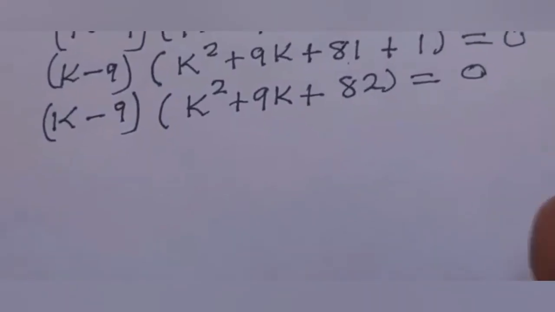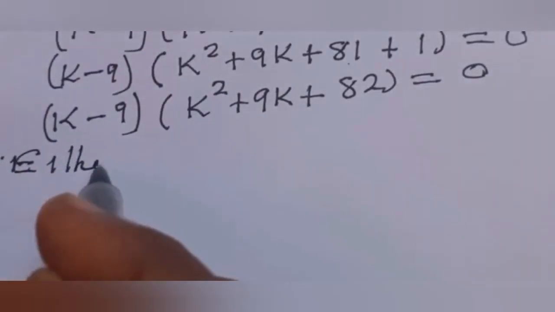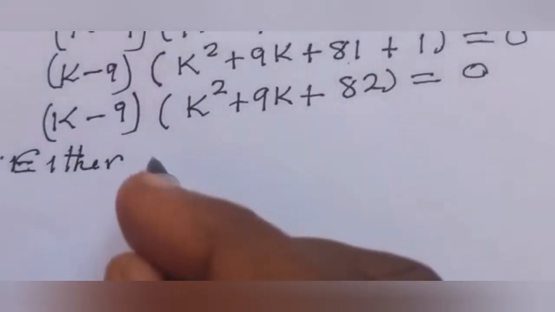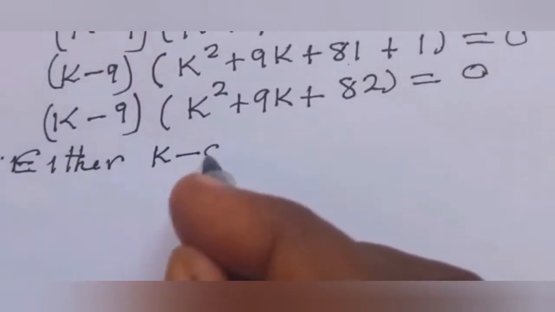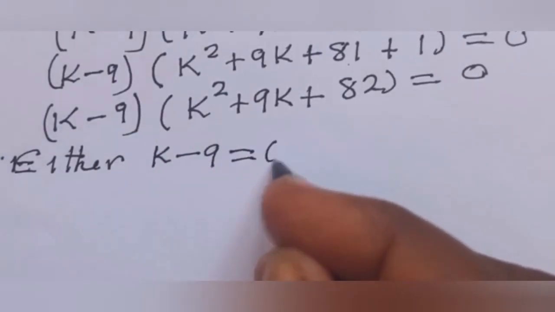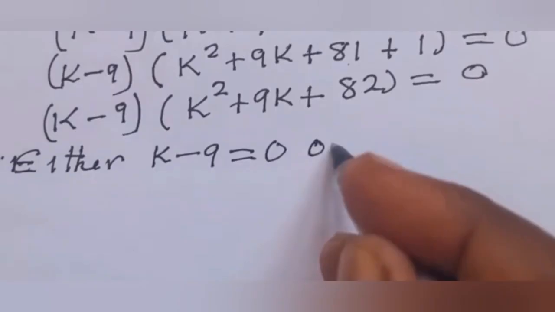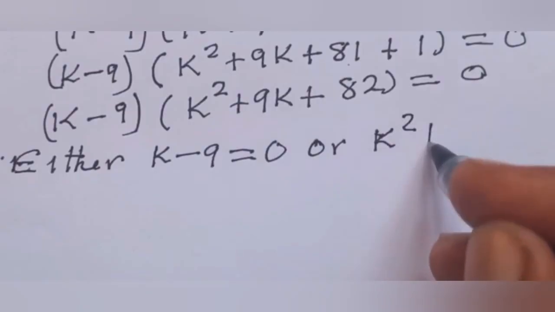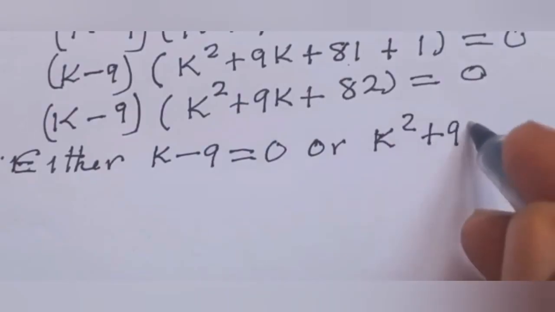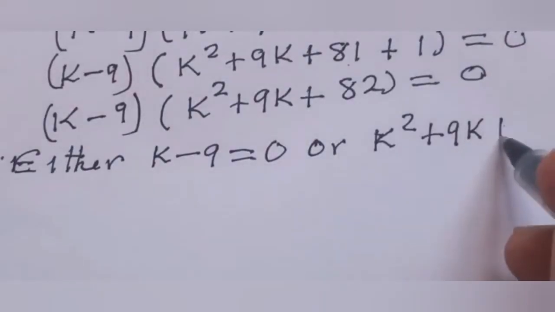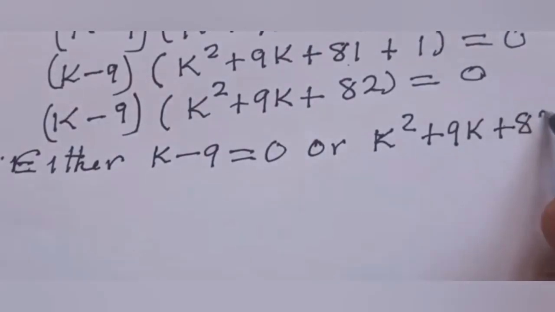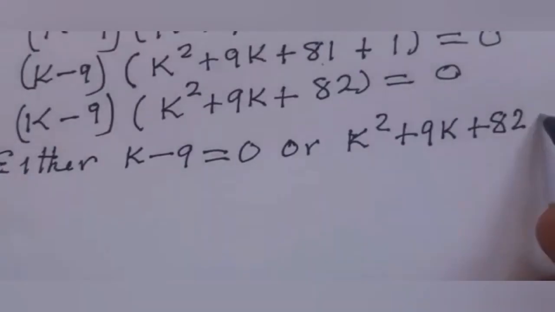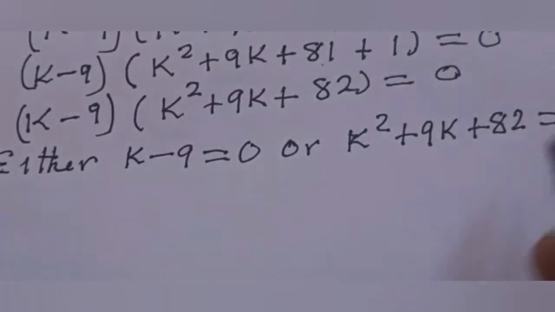So here we can say either k minus 9 equals to 0, or k squared plus 9k plus 82 equals to 0.